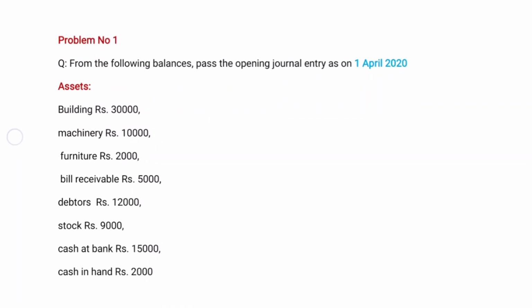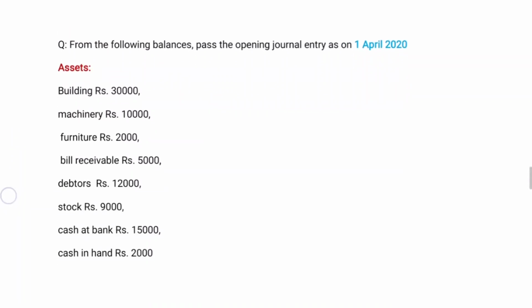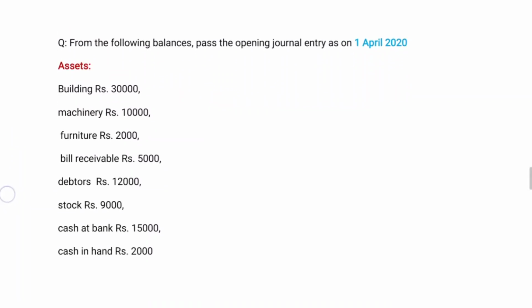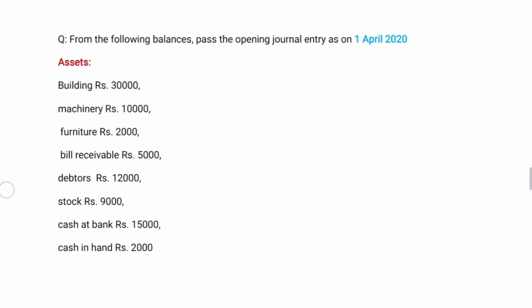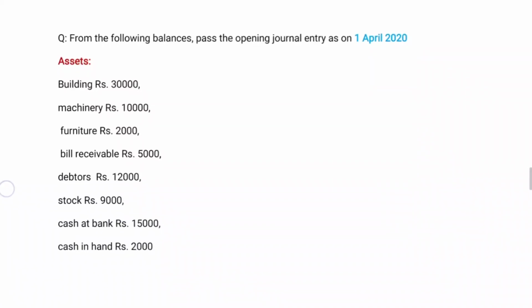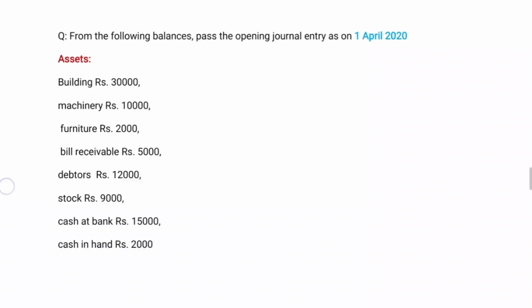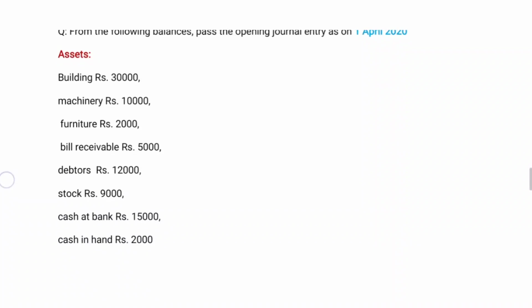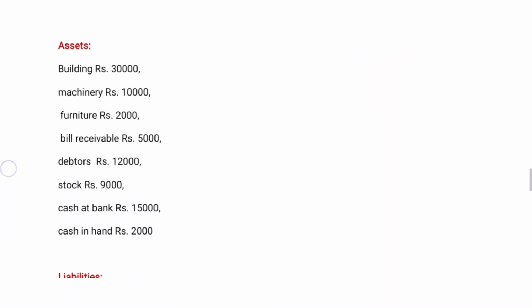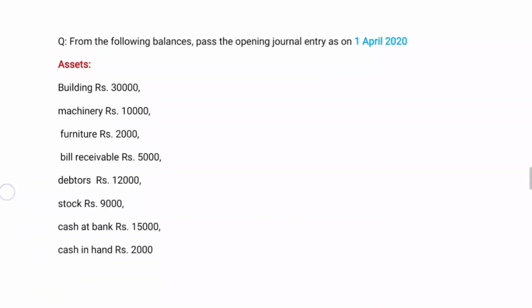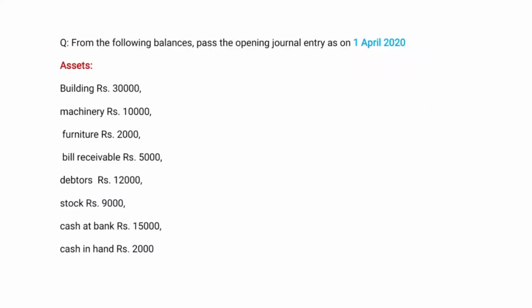Now assets are given: building rupees 30,000, machinery rupees 10,000, furniture rupees 2,000, bills receivable rupees 5,000, debtors rupees 12,000, stock rupees 9,000, cash at bank rupees 15,000, cash in hand 2,000. These are all related to assets.